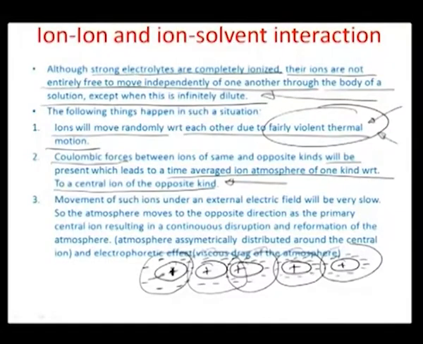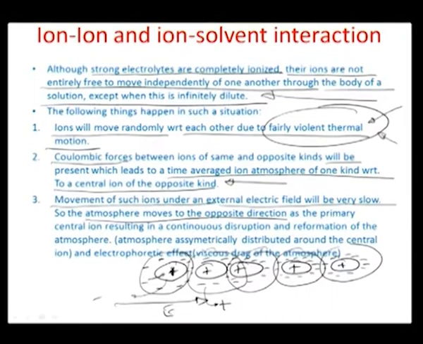And then suppose you apply an external electric field to such a system, where this, let us say, is the positive side, and this is the negative side. All the negative ions will start moving to the positive end, and the positive ions of course will start to move to the negative side. The movement of such ions under an external electric field will first of all be very slow, and the atmosphere starts moving in the opposite direction.